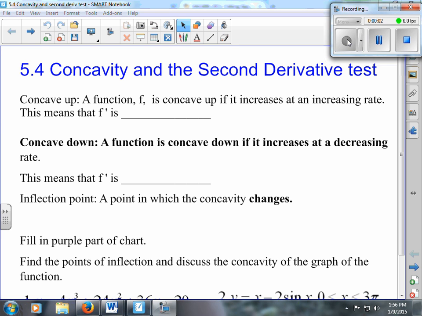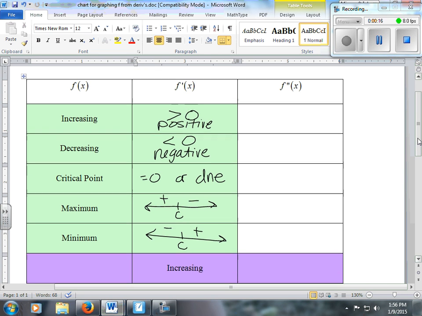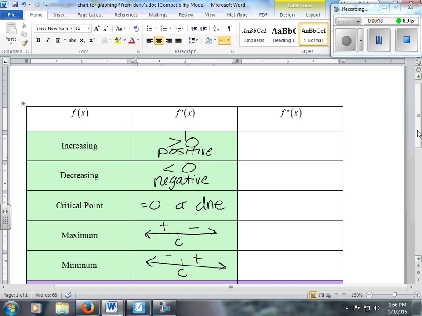Okay, so today we will be working with the second derivative, and we're still going to be working on our chart here for the connections between a graph of f, its derivative f prime, and its second derivative f double prime.